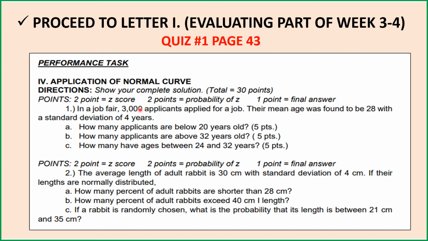May score naman dyan or point system natin: 2 points if nakuha yung z-score nyo, another 2 points if probability of z is nakuha, and 1 point for the final answer. If you have question, you can direct message me in Messenger or sa Gmail. If none, just answer this and good luck.